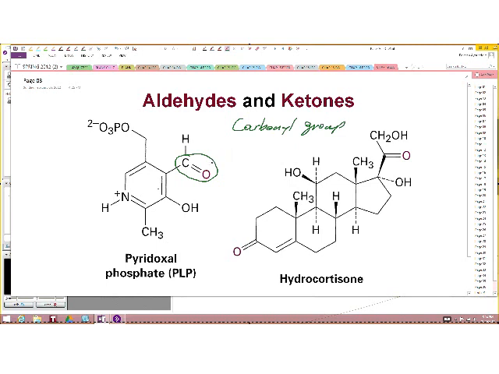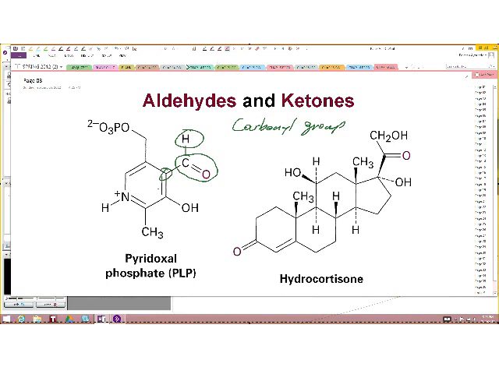In the case of an aldehyde, the carbonyl group is attached to hydrogen. This is an aldehyde right here. Hydrogen attached to carbonyl, and in most cases, the carbonyl is also attached to a carbon atom, which is right here. So this is an example of an aldehyde.